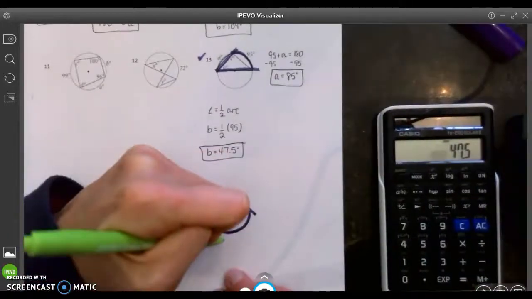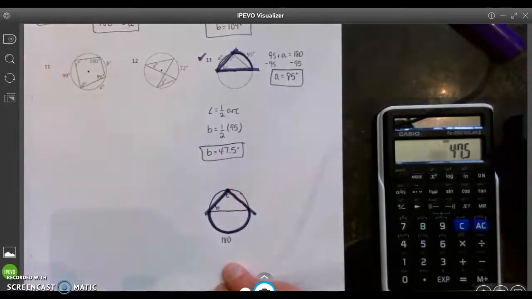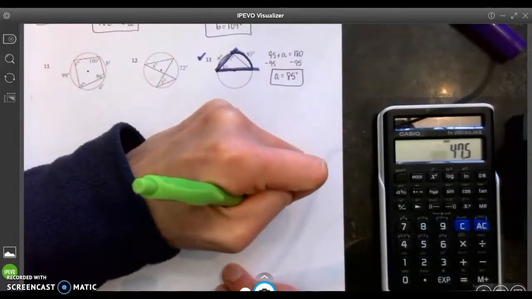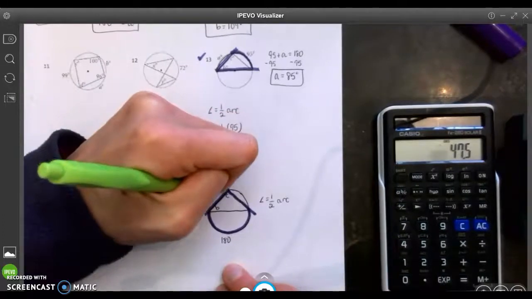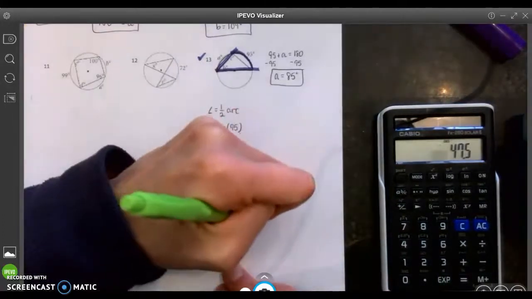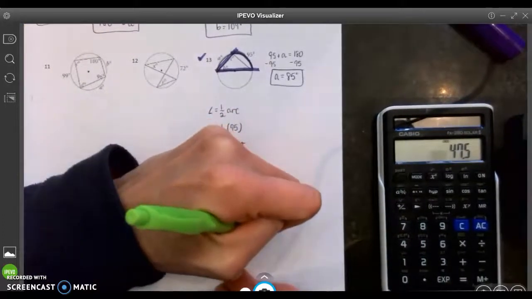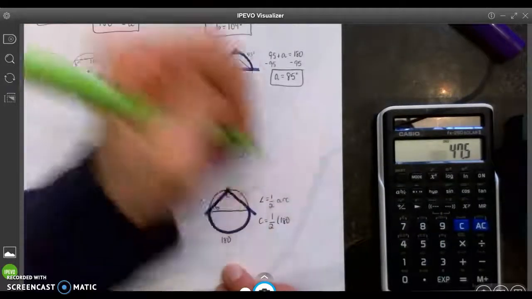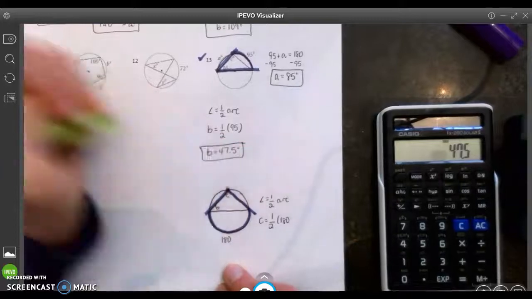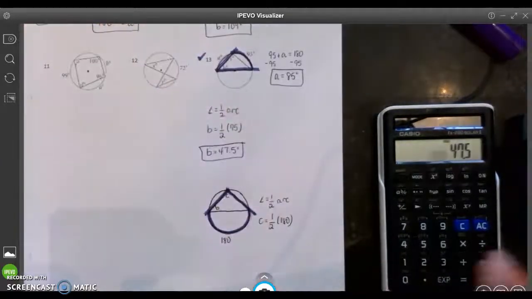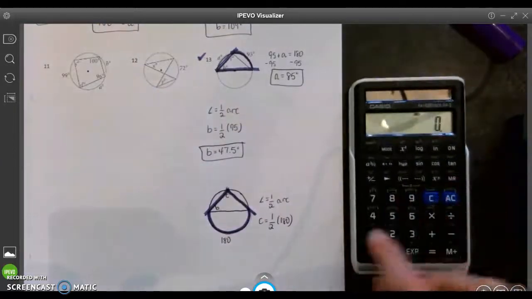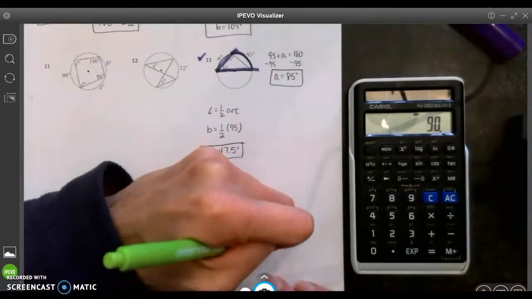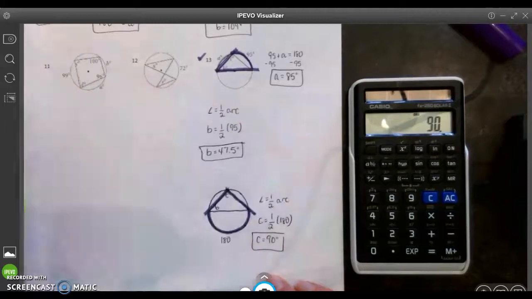And we know a semicircle is 180 degrees. So if I use angle equals 1/2 arc, because C is an inscribed angle, C equals 1/2 times the arc, which is 180 degrees, because this is a semicircle. And I take 180 divided by 2, C equals 90 degrees.